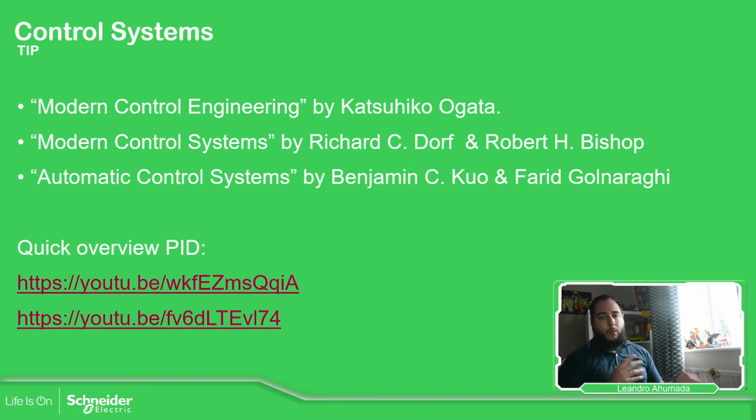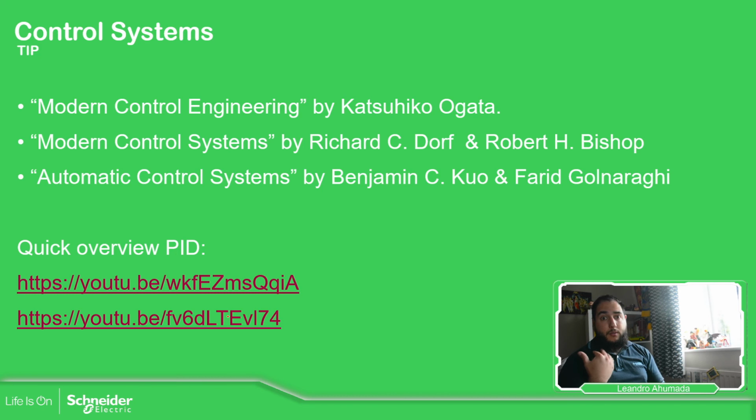These are some of the books that I used in the university when I studied control systems and advanced control. In case you want to go further with this, you have Ogata, Modern Control Engineering, then Modern Control Systems by Bishop and Dorf, and another one from Kuo called Automatic Control Systems.